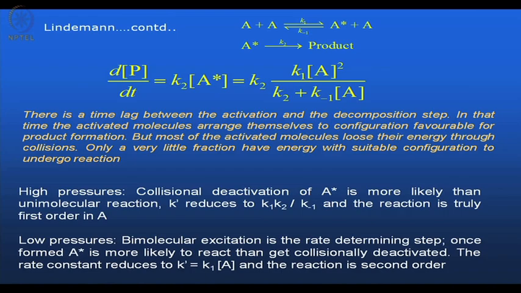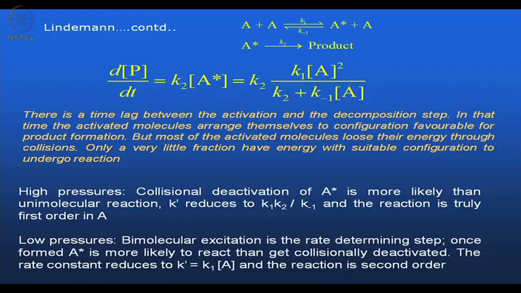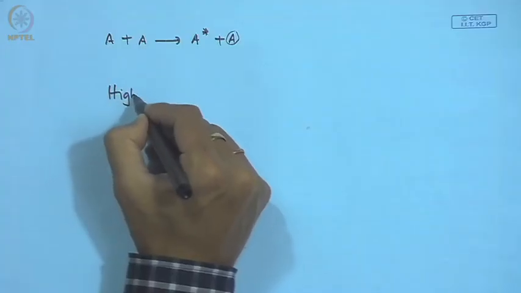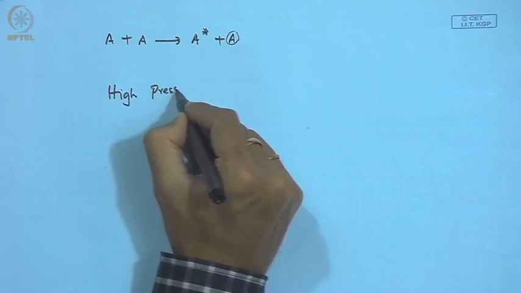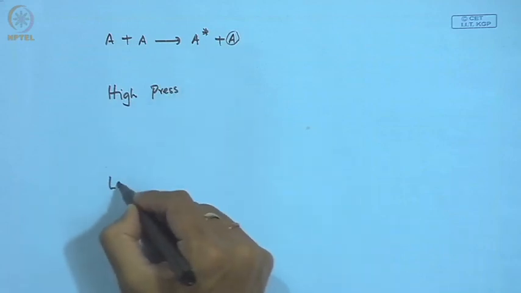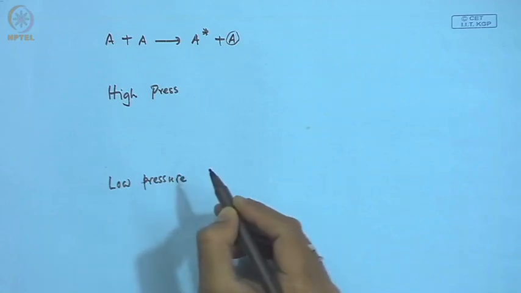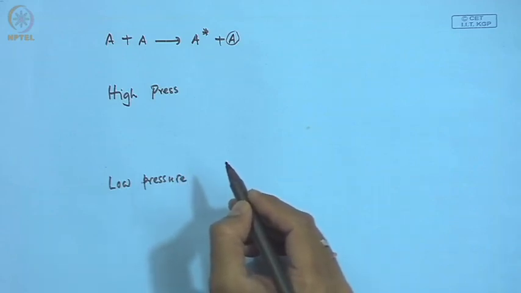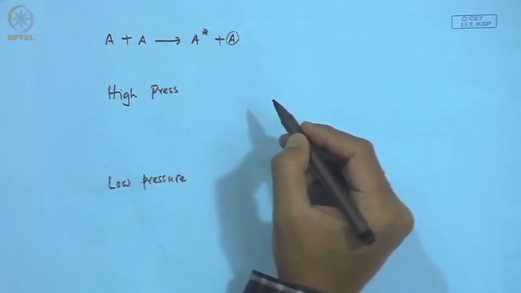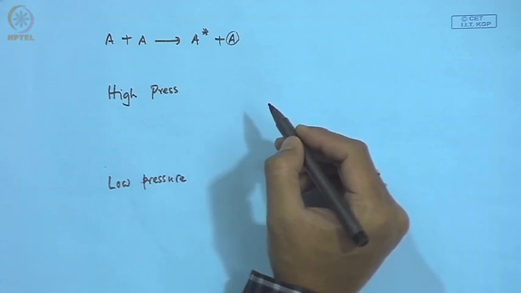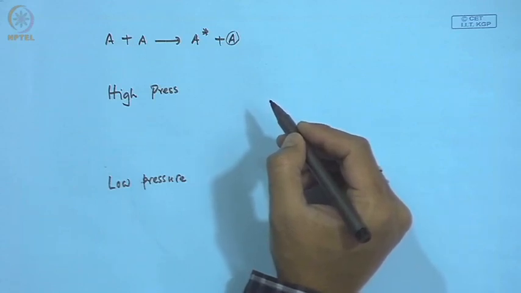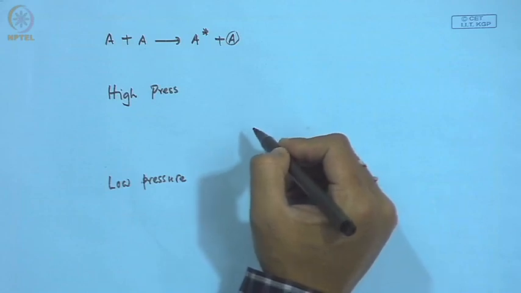Okay. So, let us divide the whole course of the process into two regions. One is the high pressure region, and the other one is the low pressure region. High pressure region means collisional deactivation is more likely. Why is collisional deactivation more likely?